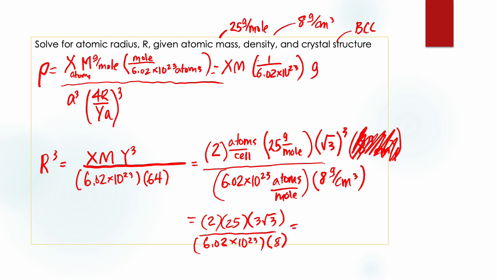And that's equal to R cubed, in centimeters cubed. So we find that, and then you could convert that to picometers, which is the typical unit for R. All right. Okay, so that's the third kind of example of this type of problem with 4 possible unknowns. We've looked for density, we've looked for atomic mass. This one was looking for atomic radius, and the last is looking for crystal structure.